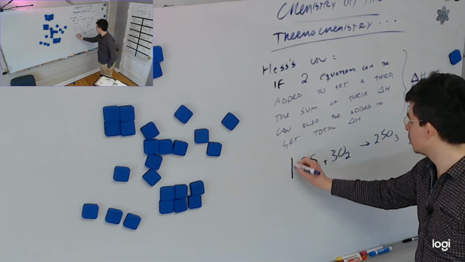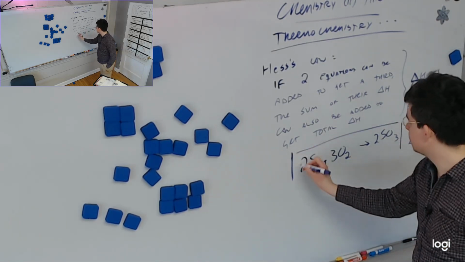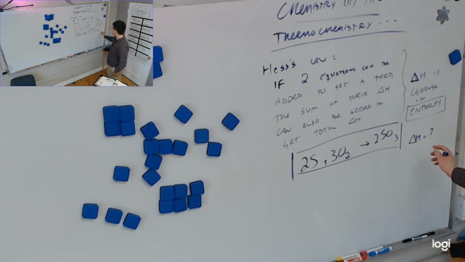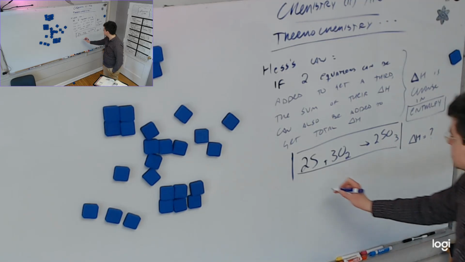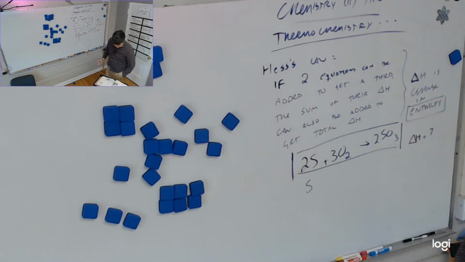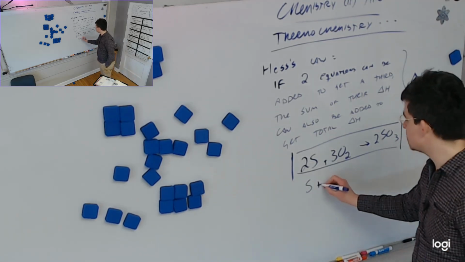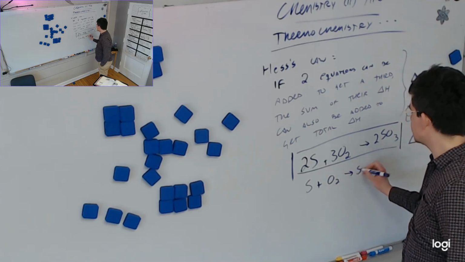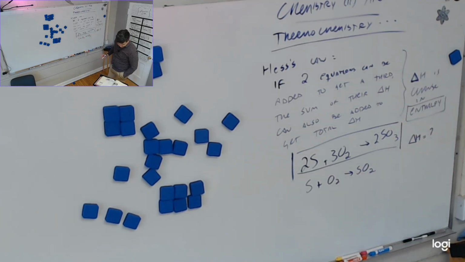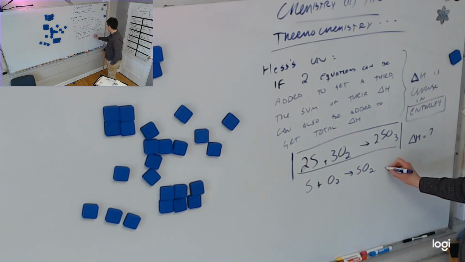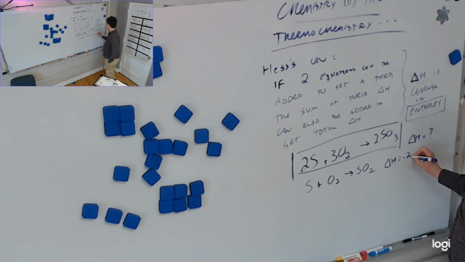So this is what we're trying to solve for, the change in enthalpy of this equation. And we also know that S plus O2 yields SO2, and that change in enthalpy is equal to negative 297 kilojoules.